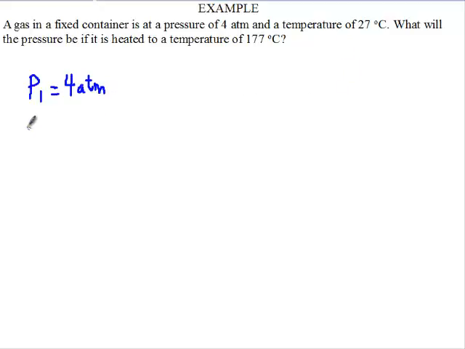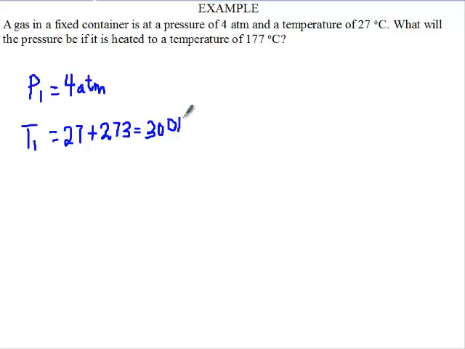Temperature 1 is equal to 27 degrees Celsius. Now remember, our temperature should be in Kelvin, not degrees Celsius. To change degrees Celsius to Kelvin, you add 273 to it, and that is going to give us 300 K.